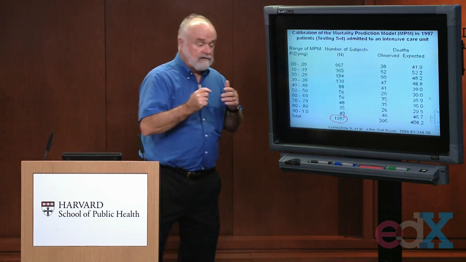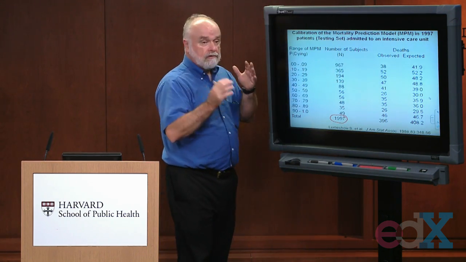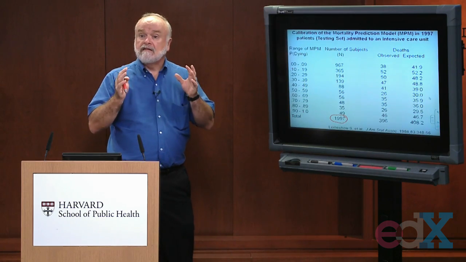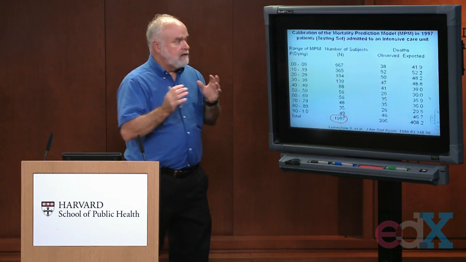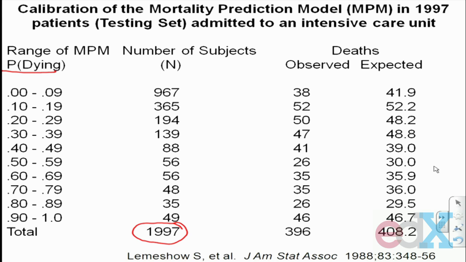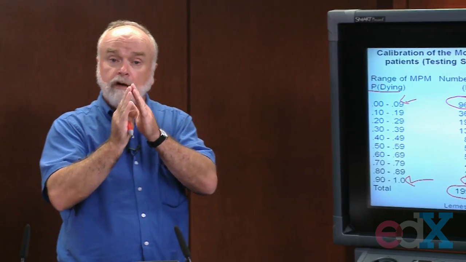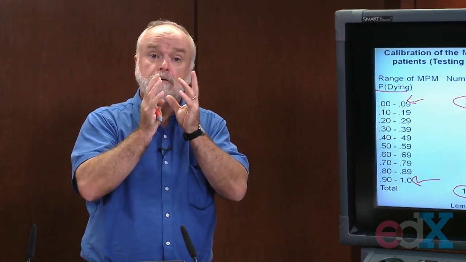The investigators have broken those roughly 2,000 people into 10 subgroups of predicted risks from the clinical prediction rule. There are 967 people whose predicted risks were between 0 up to but not including 10%. There were 49 other people whose predicted risks were between 90 and 100%. So we're stratifying people into subgroups of similar predicted risks.